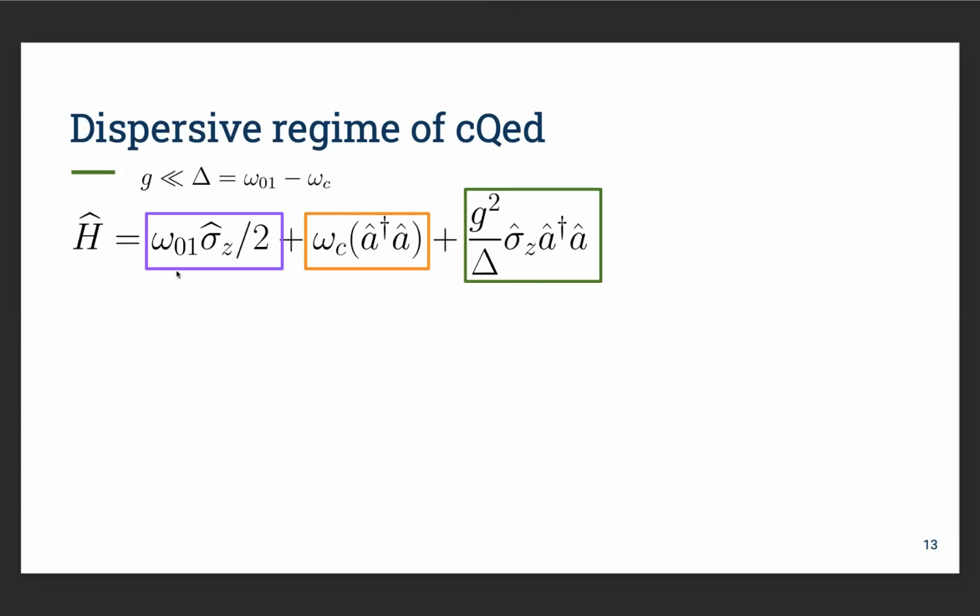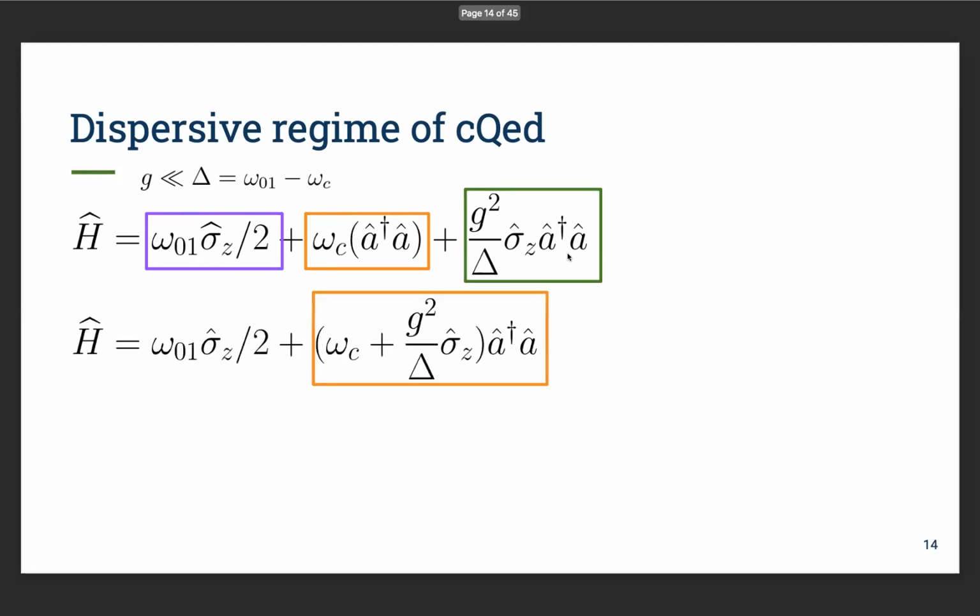And so again, like before, the purple part is just the qubit, the orange part is just the cavity, and then the green part describes their interaction. And if it's not immediately clear why this is useful, you can rewrite this in the following way. And so here I've grouped the green part, the coupling part, into the part that previously just described the cavity.